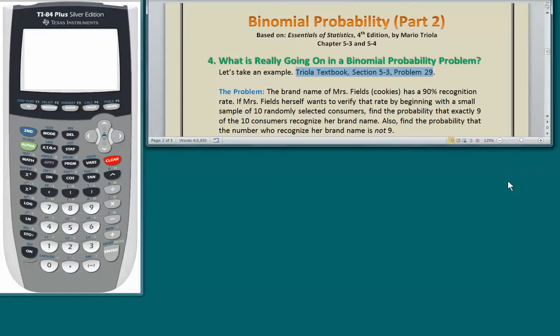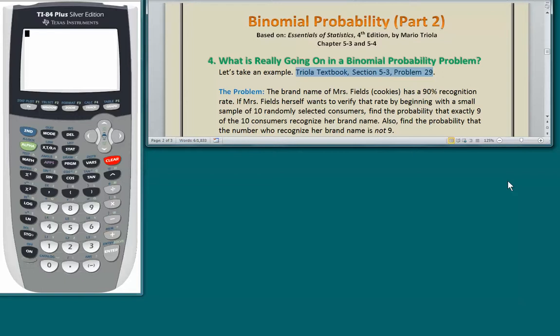If Mrs. Fields herself wants to verify that rate by beginning with a small sample, that means she wants to see, is this really true that 90% of everybody recognizes my name in the cookie business?